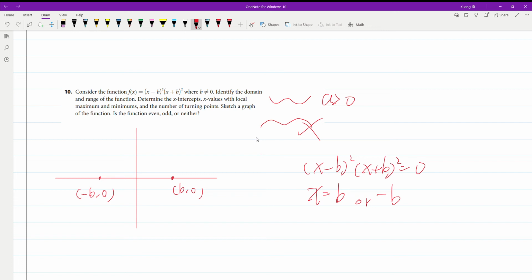When you draw the graph, because it's a W and these are squared here, the x-intercepts are tangent x-intercepts. Tangent means here it could bounce back like this, or come from the bottom like this. But because our graph is a W, the graph looks like this.